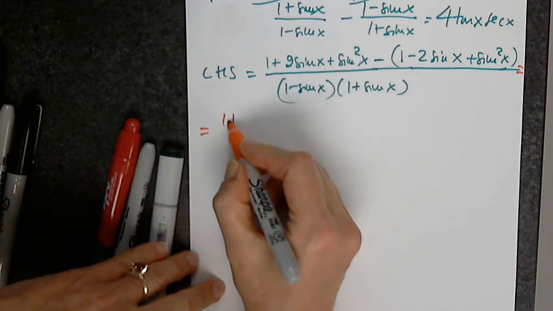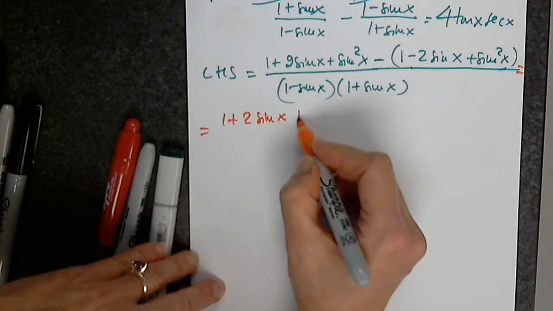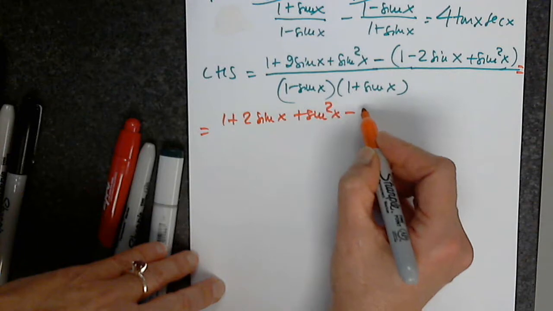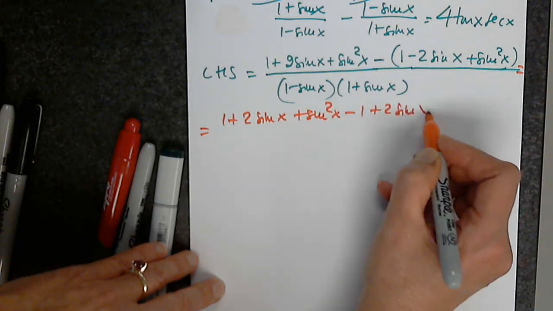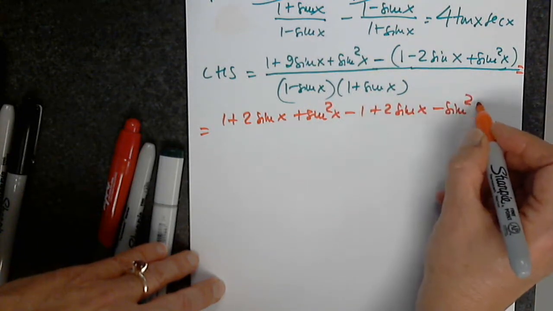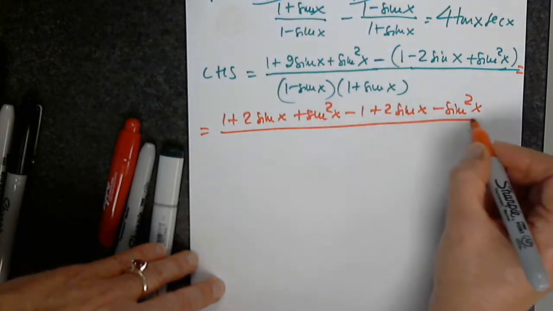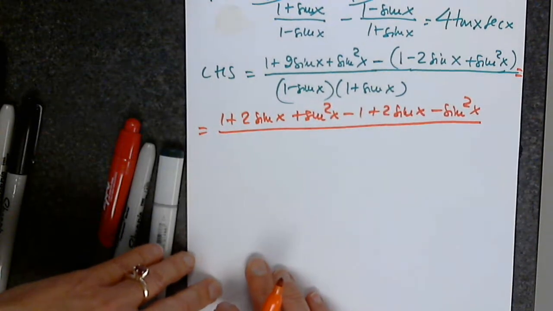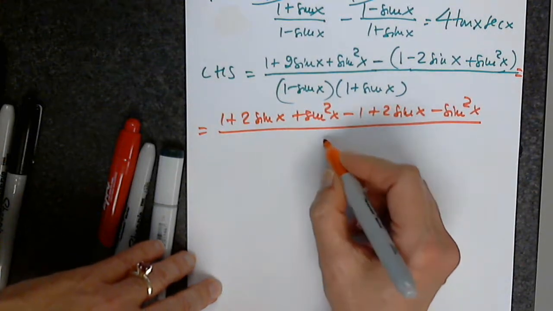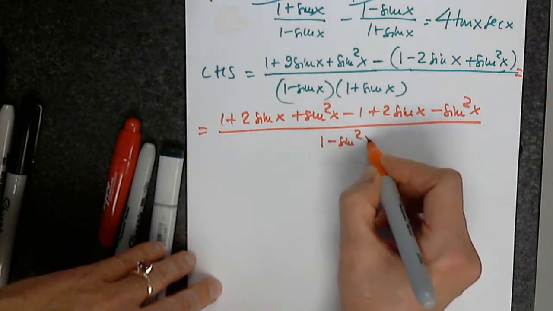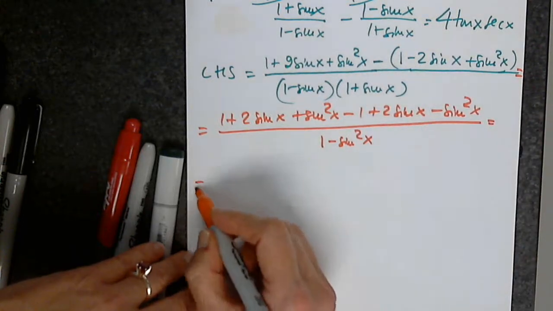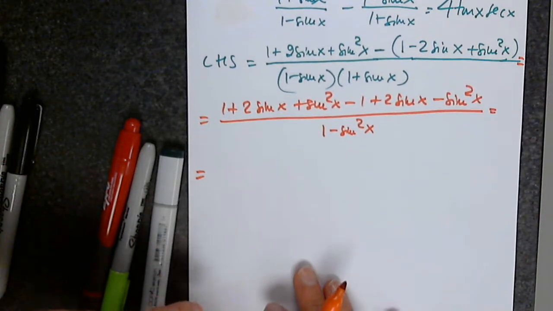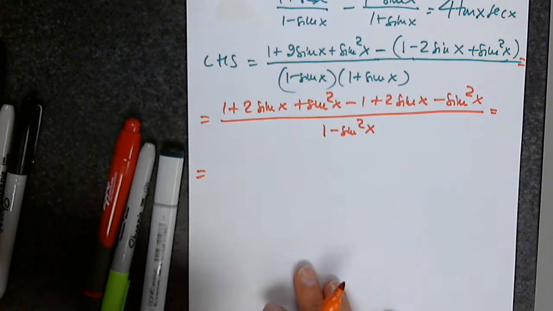So this is 1 plus 2 sine x plus sine squared, minus 1 plus 2 sine x minus sine squared, over, and remember I said normally we don't multiply the factors in the denominator, but this time I will do it. A plus b times a minus b is a squared minus b squared.